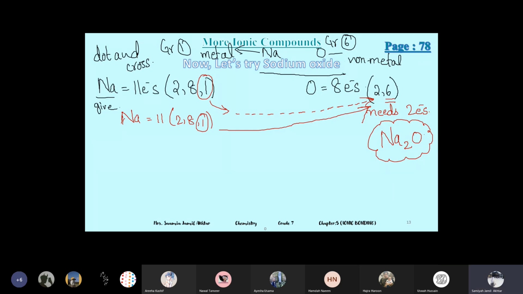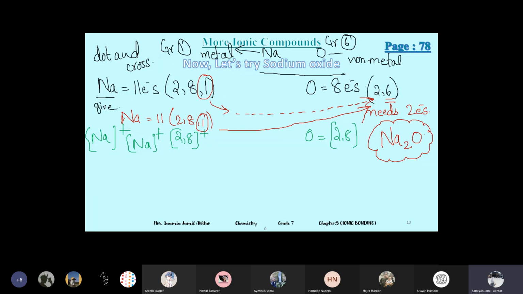Sodium will become 2, 8. And there are 2 sodium atoms. So we will draw 2 sodium. And there is 1 oxygen with complete shells. And what will be the charge on oxygen?